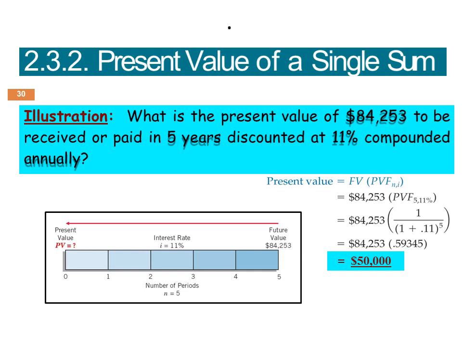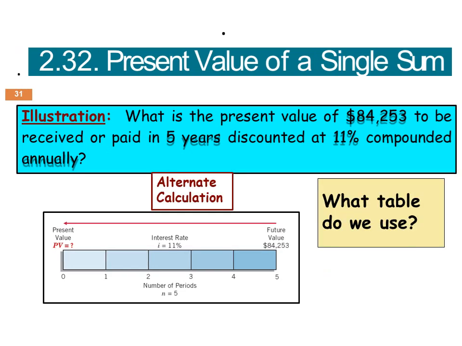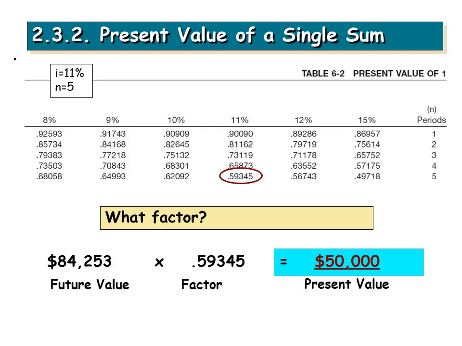Now let us calculate by using the first way. 84,253, that is the future value, times the present value factor, that is 1 over 1.11 to the power of 5, which becomes 0.59345. Next, we can calculate the factors individually, on period 1, period 2, period 3, period 4, and on period 5 we get the present value factor, that is 0.59345.